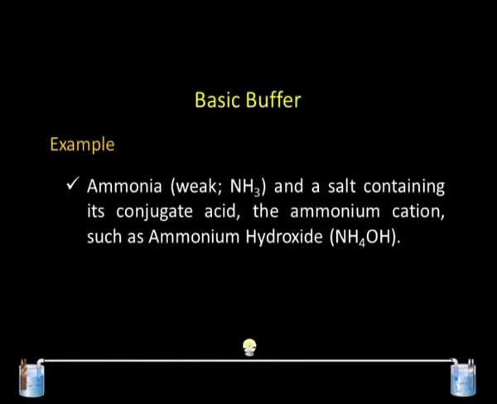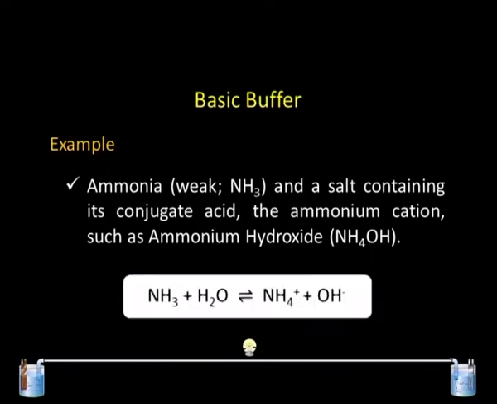For example, ammonia, which is NH3, and a salt containing its conjugate acid, the ammonium cation, such as ammonium chloride, acts as a basic buffer. Here the reaction is that NH3, that is ammonia, reacts with water to give NH4 plus, ammonium, and OH minus.